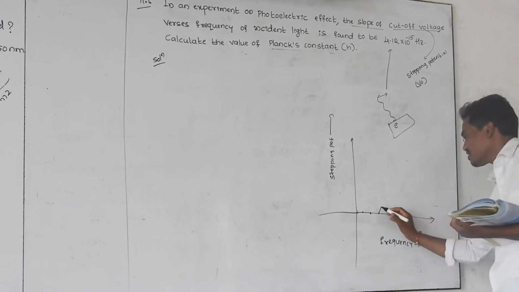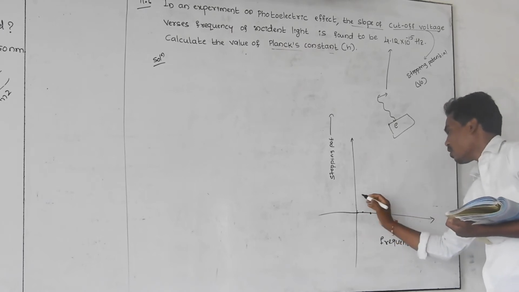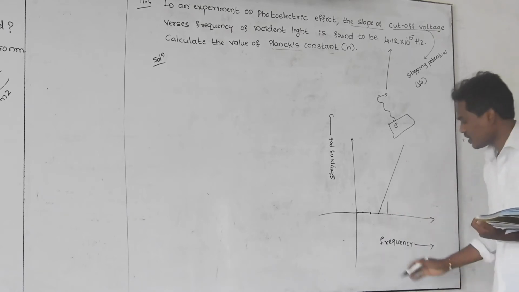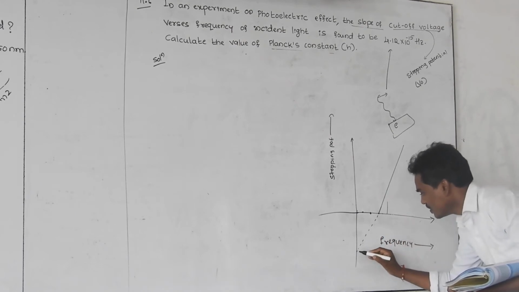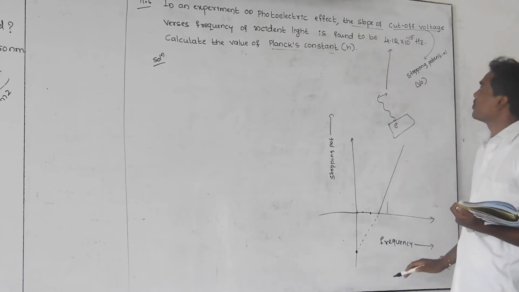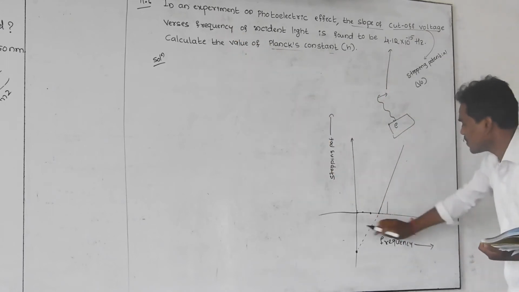If you increase the frequency, then stopping potential increases. Means you are getting the nature of graph like this. If you extend this straight line, it intersects the negative y-axis at this point. Cutoff voltage versus frequency.